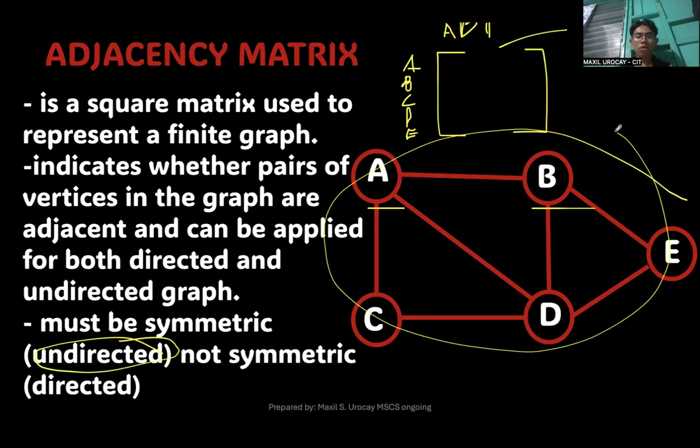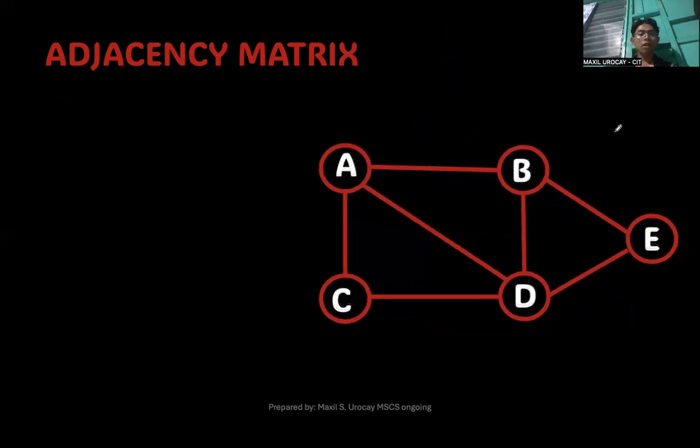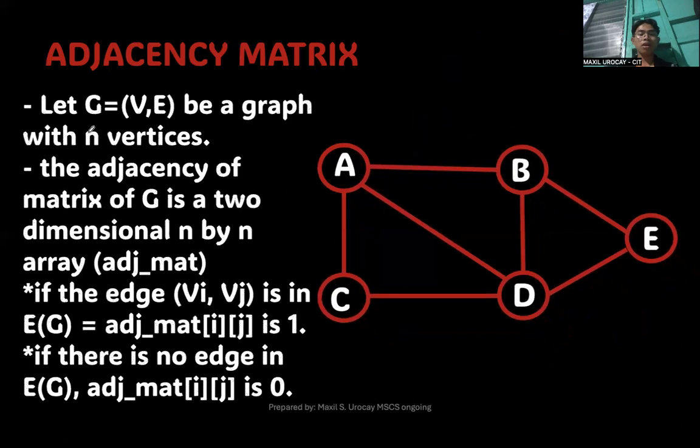Okay. So here, for the adjacency matrix, let the graph G equal the vertices as well as the edges, a graph with n vertices. The adjacency matrix of your graph G is two-dimensional, as I mentioned. All of your rows must be defined as well as your columns.